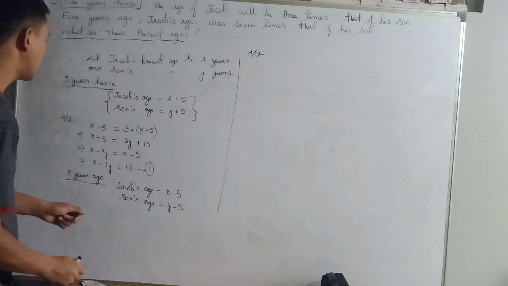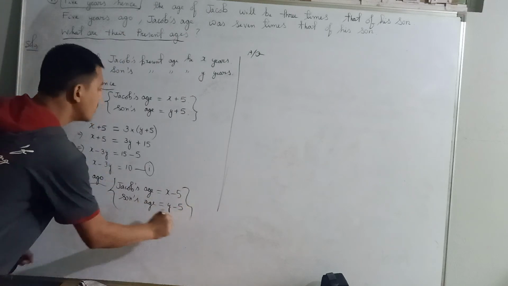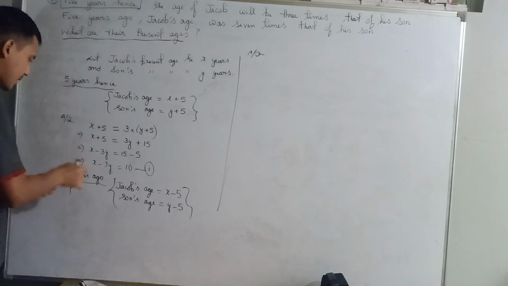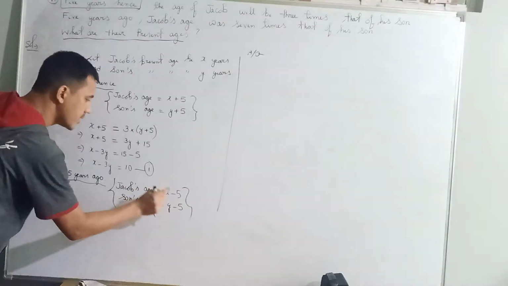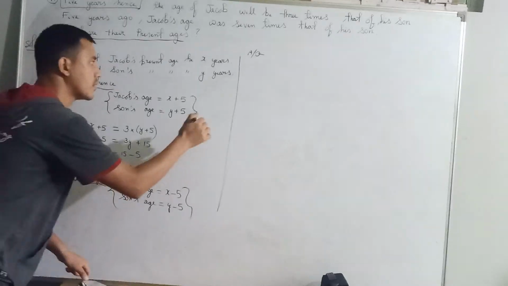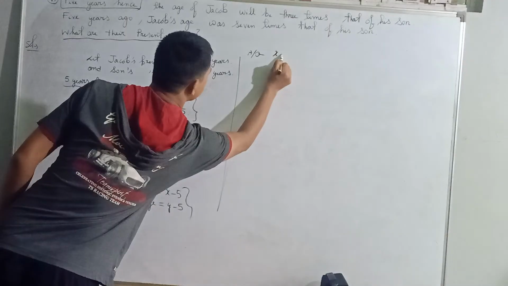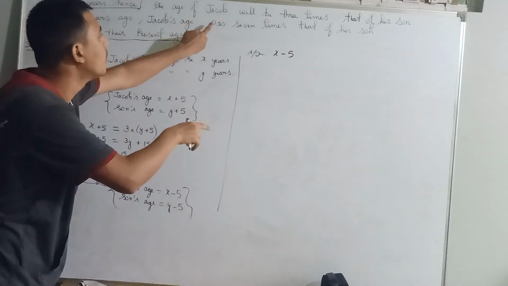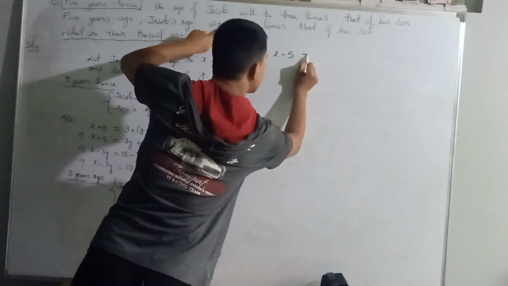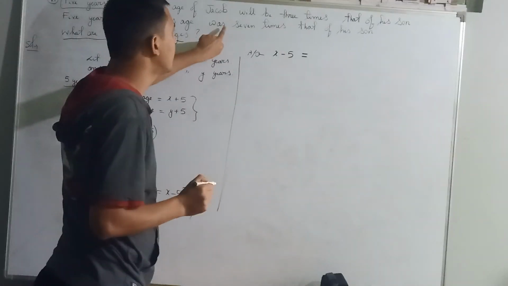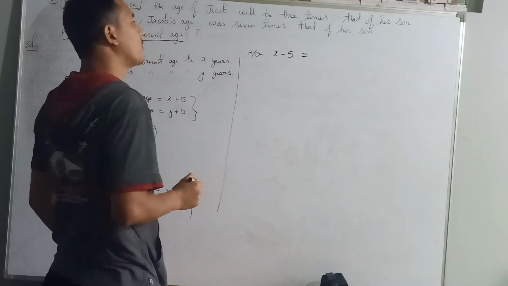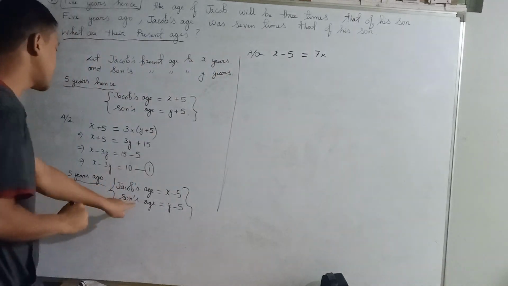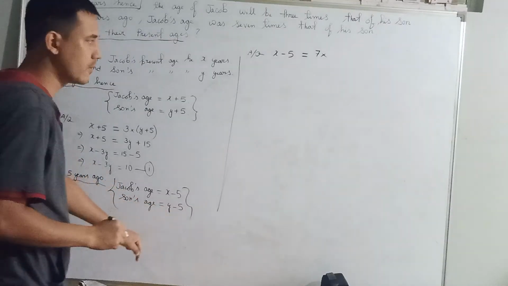5 years ago, Jacob's age, which we have written now as X minus 5, was equal to 7 times that of his son. 7 times his son's age, Y minus 5.